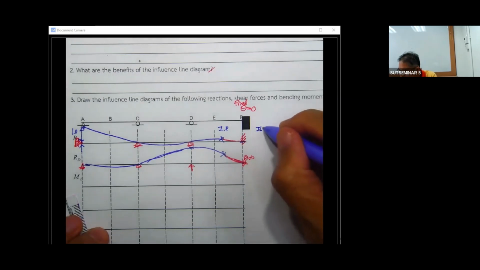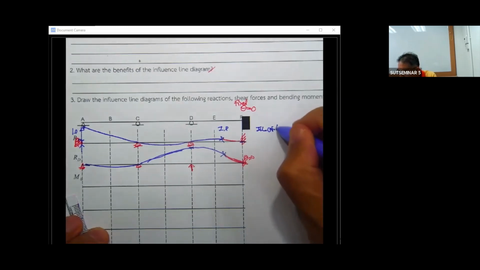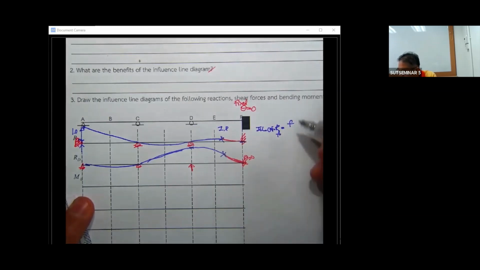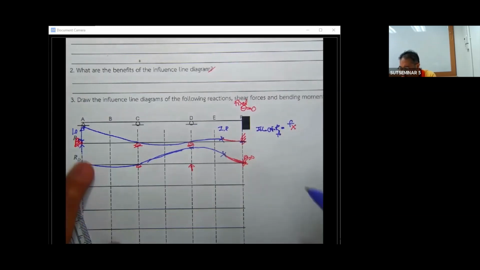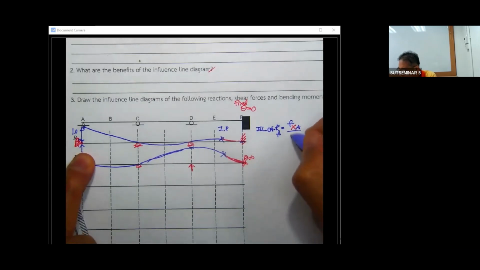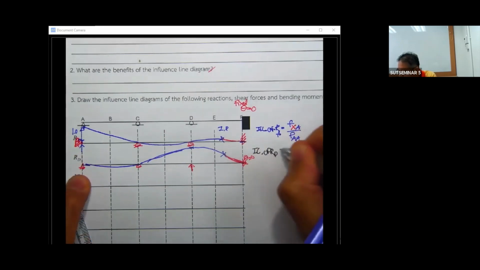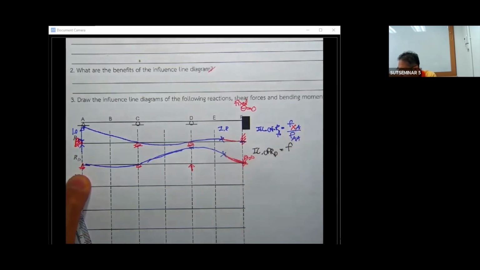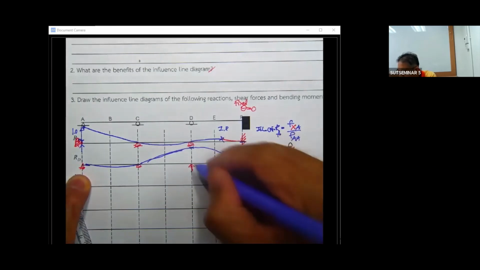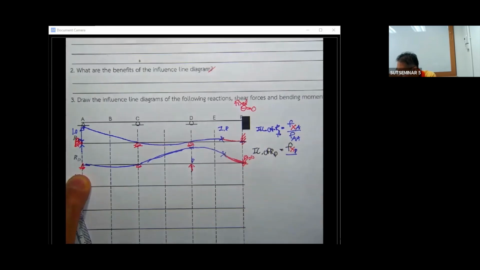This is going to be the influence line of R sub A, which is equal to the deflection at point X when the force is applied at A, divided by F sub AA. This is going to be the influence line of R sub D, which is F sub X when the force is applied here at point D, divided by F sub DD.